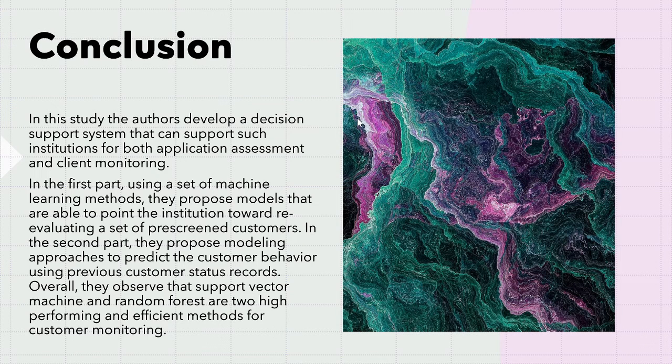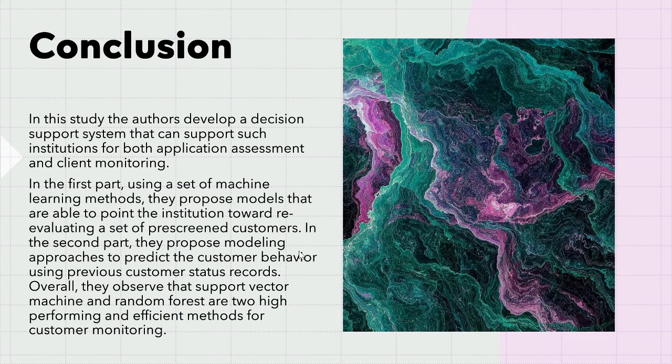The conclusion in the study is that the authors develop a decision support system that can support such industries for both application assessment and client monitoring. In the first part, they use a set of machine learning methods to propose models that are able to point the institution toward re-evaluating a set of pre-screened customers.